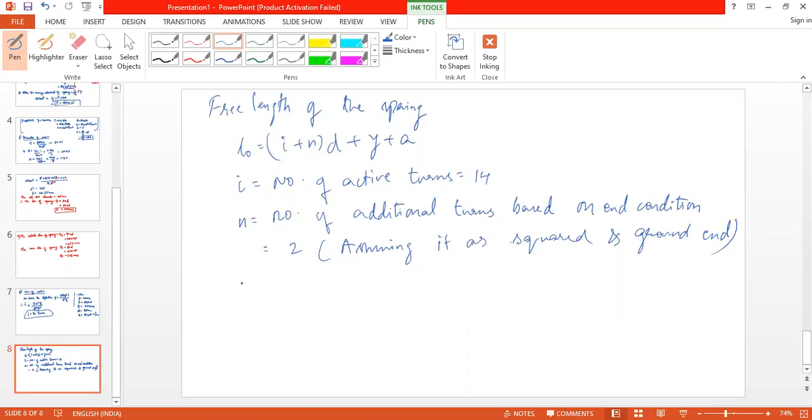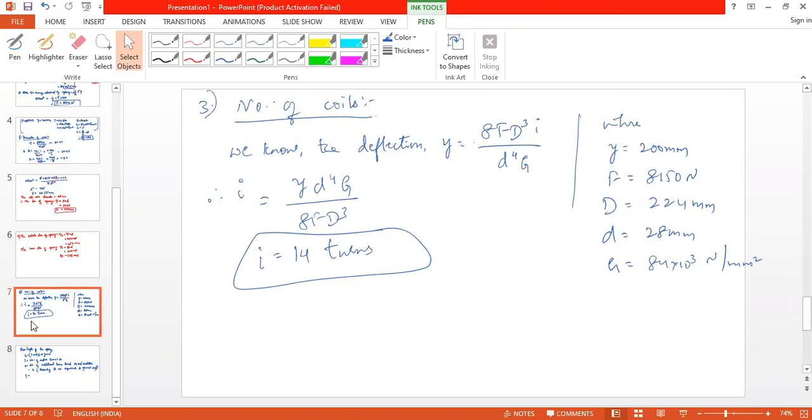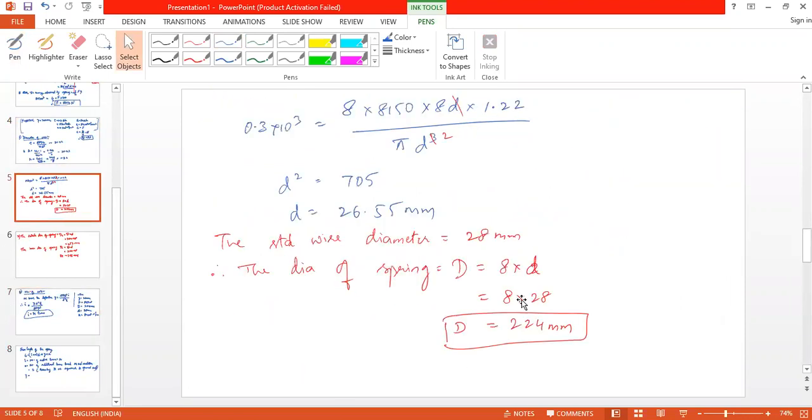Maximum deflection. What is the maximum deflection? See, 200 mm is the condition given in the question. The spring must deflect by 200 mm. But while solving the problem, we got the diameter as 26.55, but we took 28.